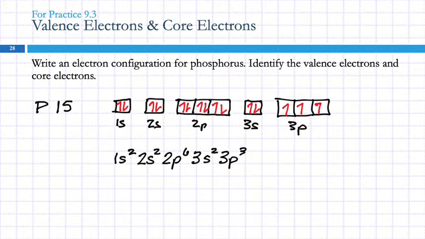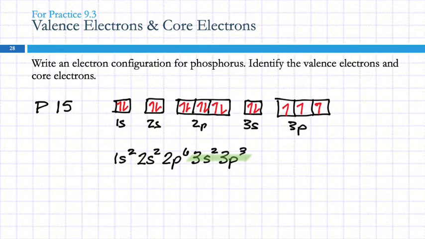The valence electrons: we have to think about, what's the highest principal level that has electrons in it? What's the highest floor of the hotel that's occupied? It's the 3rd floor, right? And so everybody on the 3rd floor is a valence electron. So it's not just the ones that are unpaired.